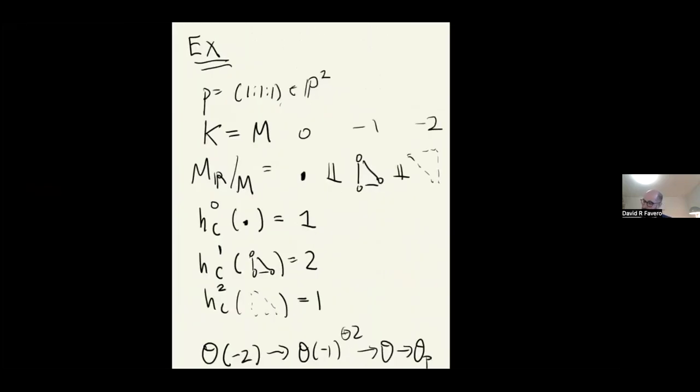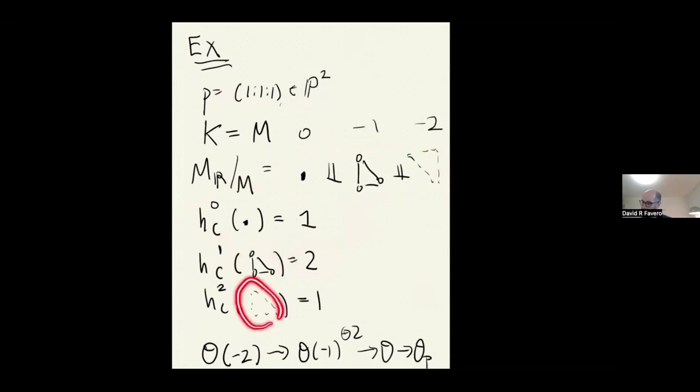And I'll say one example. If I took just the identity point on the torus in P2, and I looked at this stratification, and now I computed the compactly supported homologies of these three things. Well, this only has compactly supported homology in degree 1. This only has, sorry, in degree 0. This only has compactly supported homology in degree 1, and it's 2-dimensional.